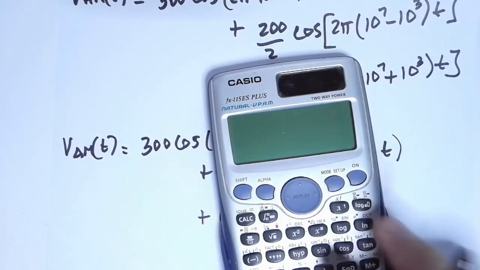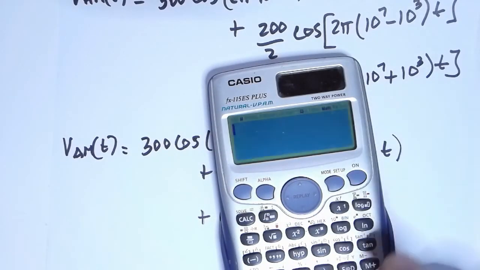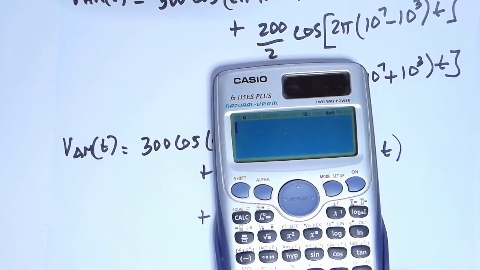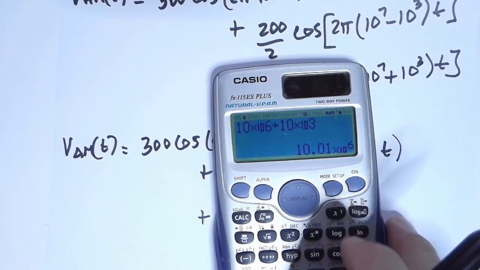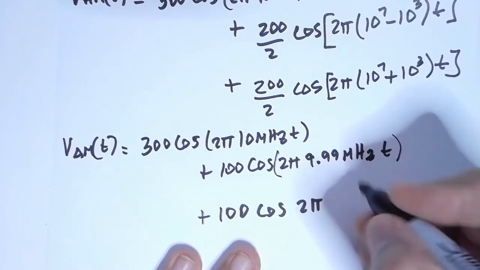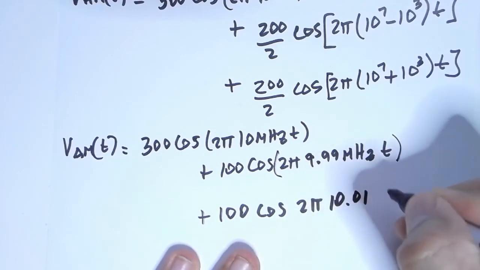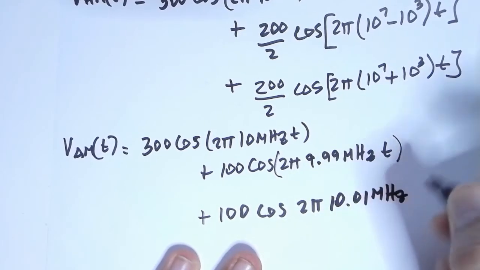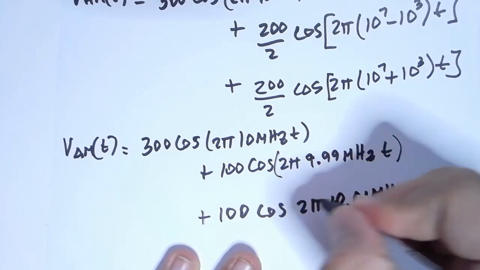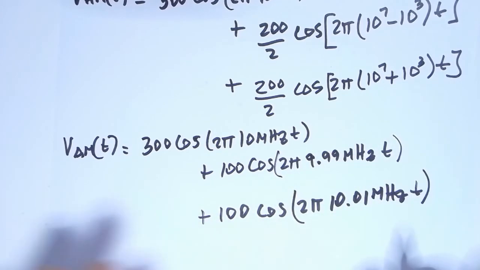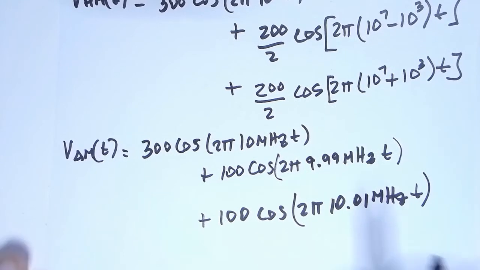Okay, and also we can do it from here. So we have that 10 megahertz plus 10 kilohertz is equal to that. And we go to engineering notation. That is 10.01 megahertz times t. And that is the mathematical expression.